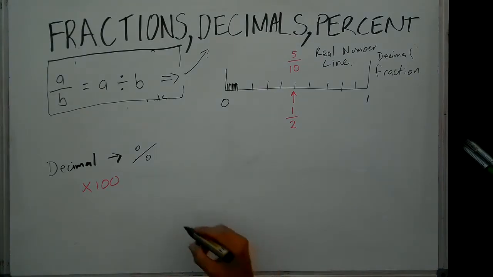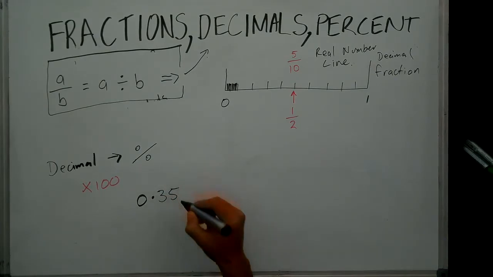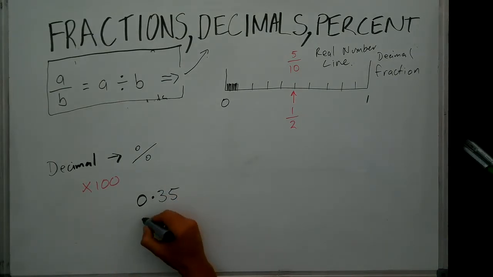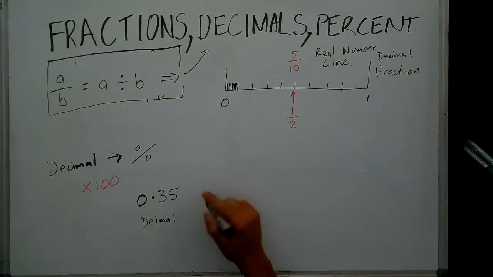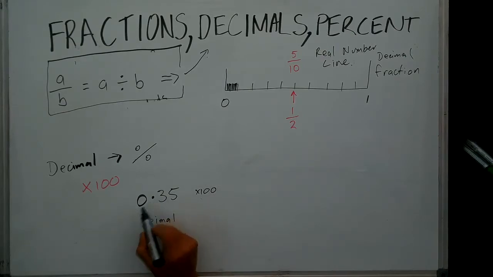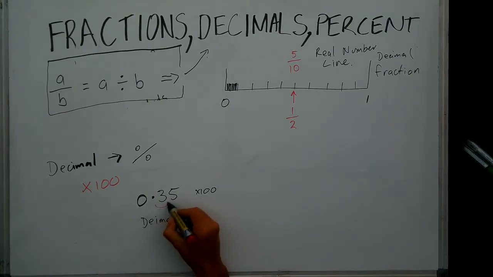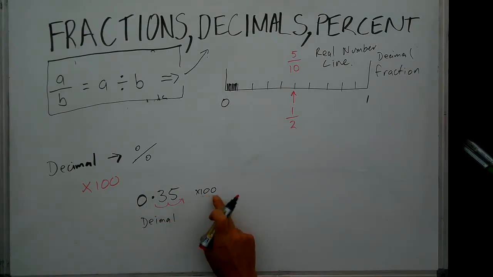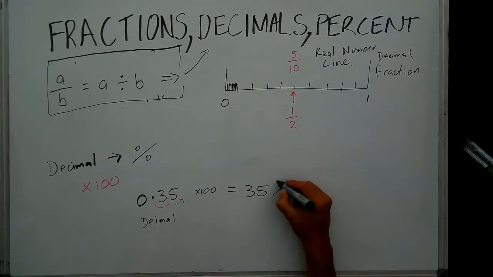So essentially 0.35 as a decimal, times that by 100. So this gets 100 times bigger, and because this is a multiple of 10, it's going to move the decimal place 2 spaces because we've got 2 lots of 10, and this becomes 35%.